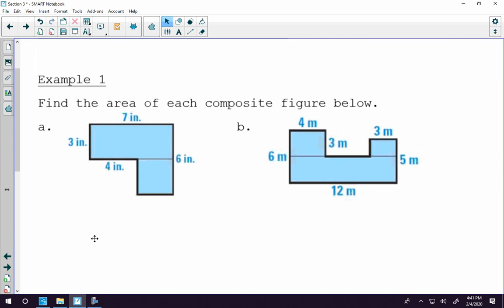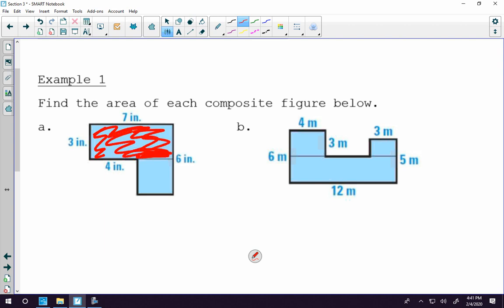We're going to find the area of the different, in this case, rectangles or squares, and then we're going to add those at the end, and that's going to be our total composite area. Okay, so example 1, find the area of each composite figure below. There's a number of ways you can do it, but first and foremost, I know the base length of this rectangle. The base length of this rectangle is 7 inches in length.